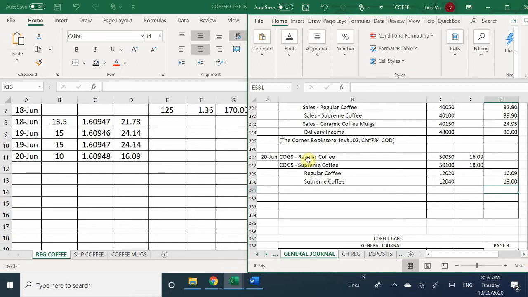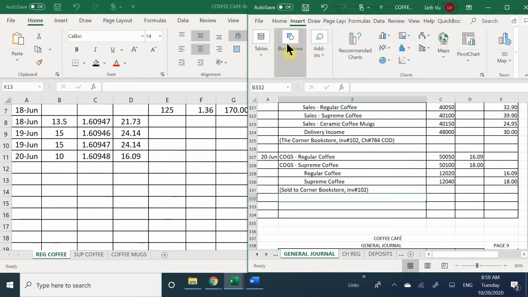All right. And I'm going to go ahead and make a note here that I sold to Corner Bookstore, invoice number 102. All right. Now that we reach the end of my journal, I'm going to go ahead and draw that line like I told you guys, because this is enough to add in a transaction.